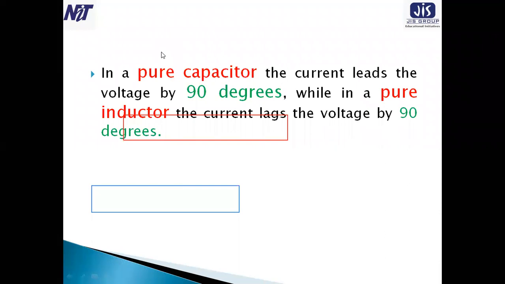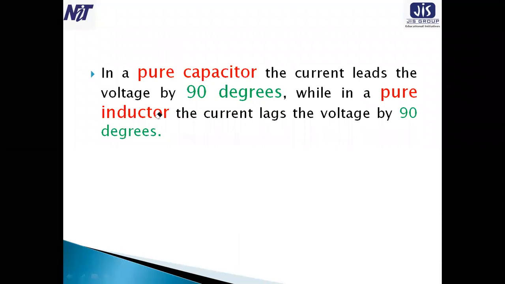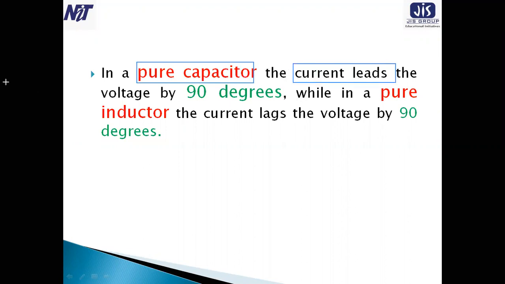So here, in a pure capacitor, the current leads the voltage by 90 degrees. We all know this from the phasor diagram that for a pure capacitor, the current leads the voltage. For a capacitor, current leads the voltage, but for an inductor, voltage leads the current.